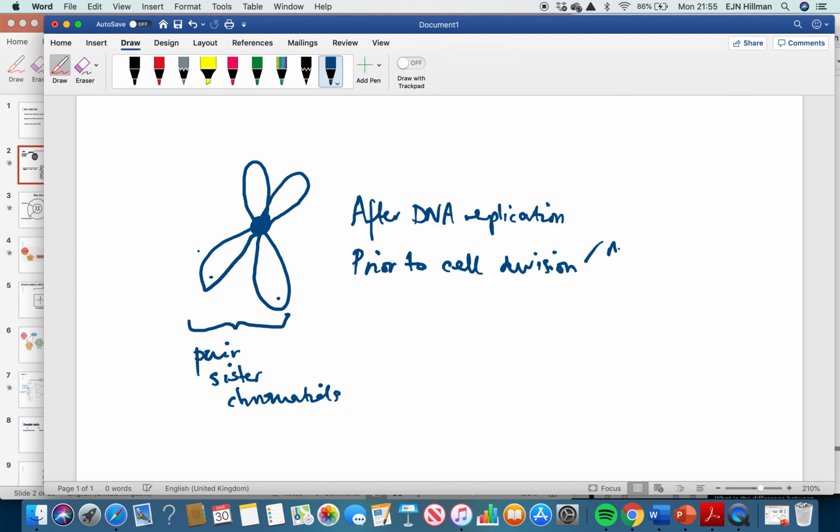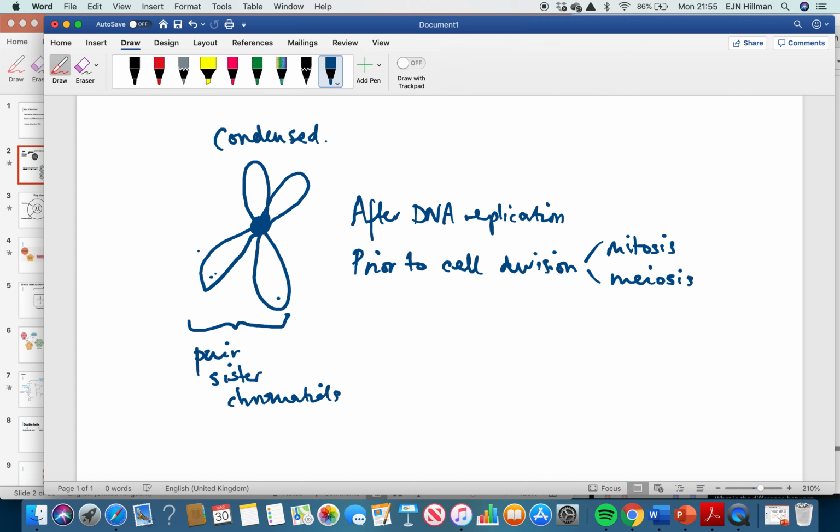So that could either be prior to mitosis or meiosis. Okay, so the only reason you'd ever see it like this, in what we would refer to as this condensed form, is because the cell is just about to enter either mitosis or meiosis.